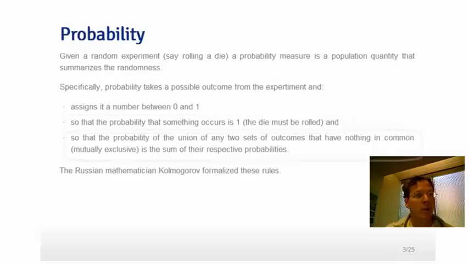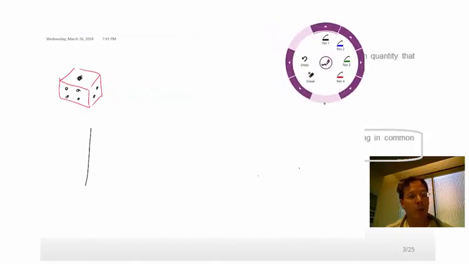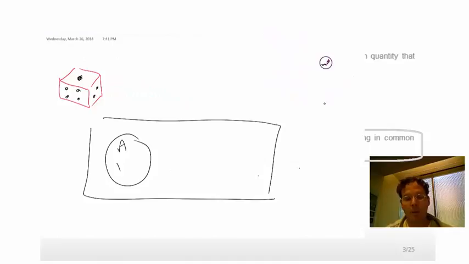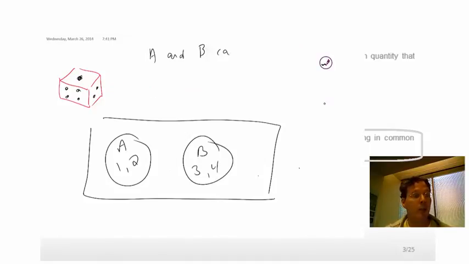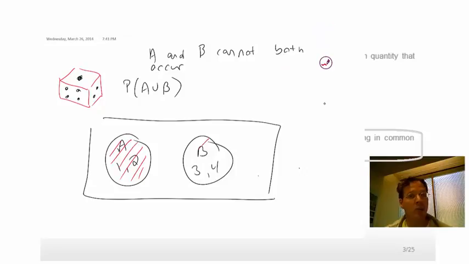And then the probability of the union of any two sets of outcomes that have nothing in common must be the sum of their respective probabilities. So take for example when I roll the die, one possible outcome is that I get a 1 or a 2. Another possible outcome is that I get a 3 or a 4. Those two sets, 1 and 2, and the other set, 3 and 4, are mutually exclusive. They cannot both simultaneously occur.